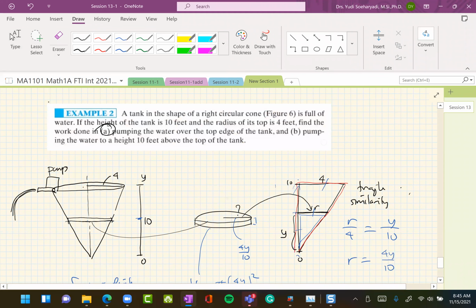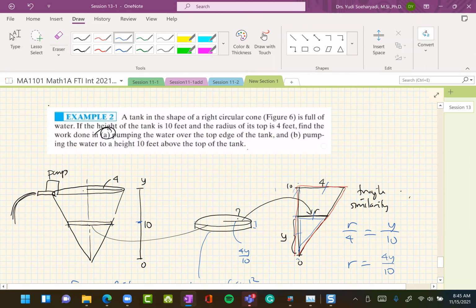All right, part B. Same situation, except that the pump is 10 feet above the top of the tank.